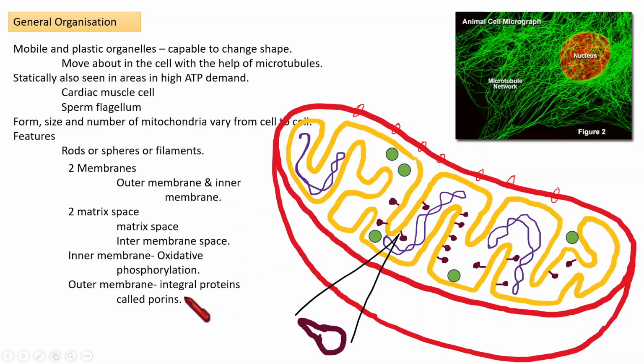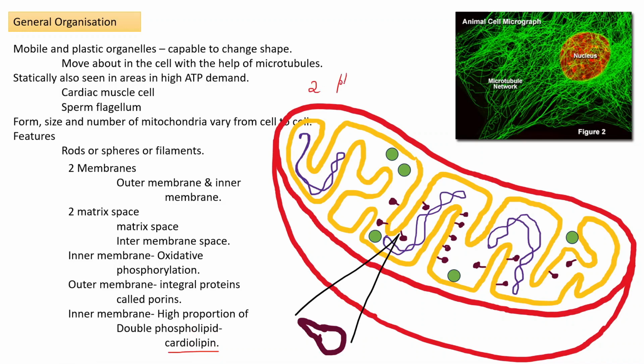So integral proteins form porins. Then the inner membrane is mainly composed of cardiolipin. Cardiolipin is a type of phospholipid, but in its structure it bears two phospholipids.